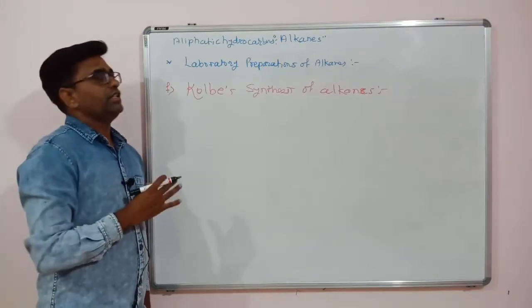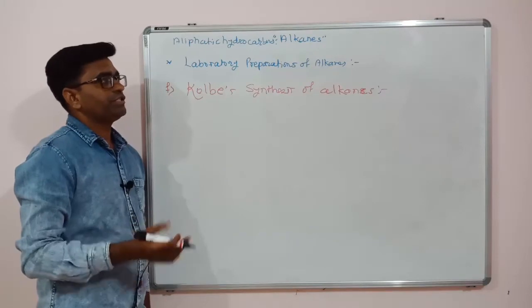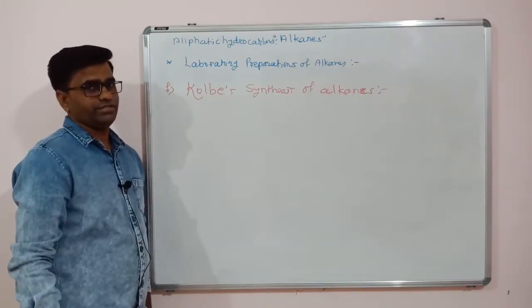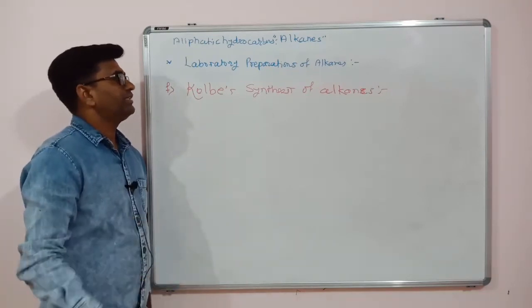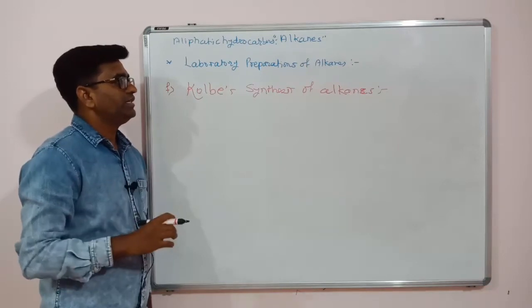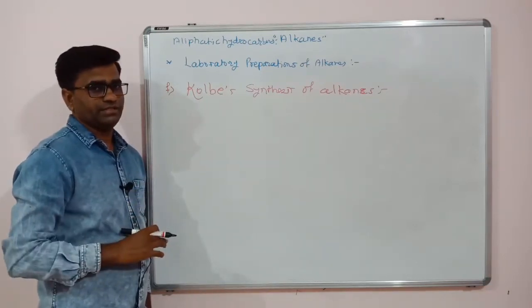Friends, now this is the last method of laboratory preparation of alkanes, that is Kolbe's synthesis of alkanes. This method is given by the scientist Kolbe. That's why this is called Kolbe's method of synthesis of alkanes.